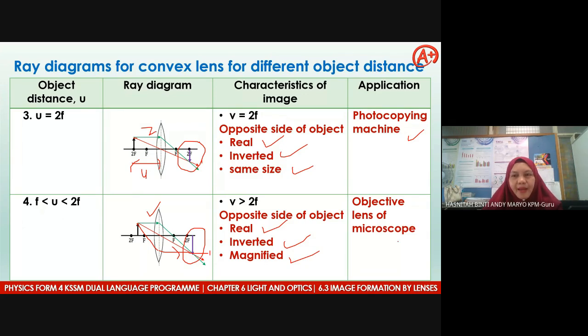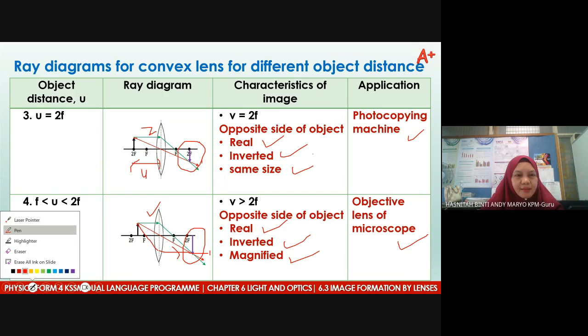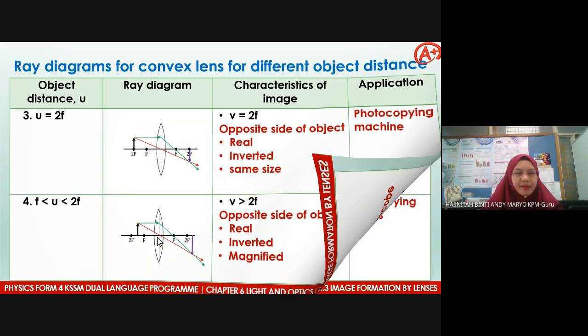Okay, so we apply this in the objective lens of a microscope. See, we are using a microscope to see a very tiny object. In the end, we will see the image has been multiplied 1,000 times bigger compared to the actual object. Okay, then let's go to the next distance, the fifth distance.